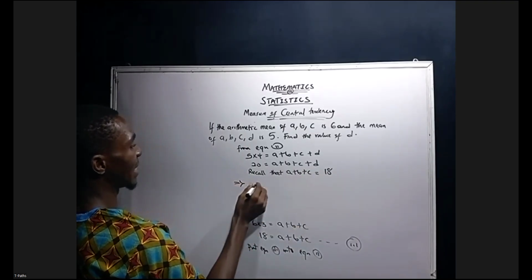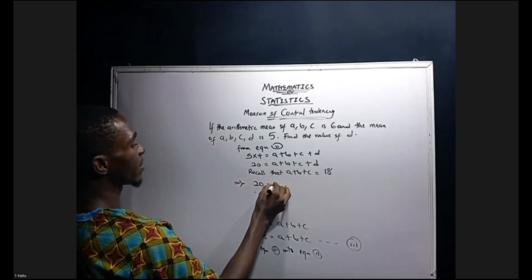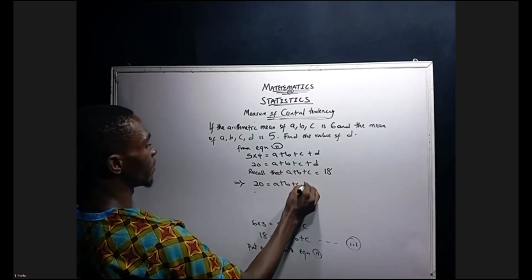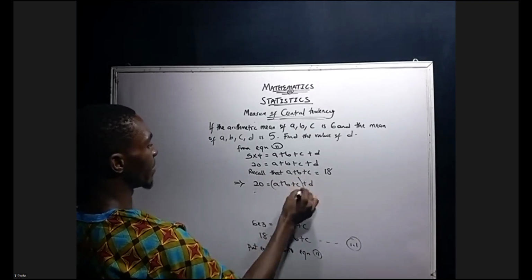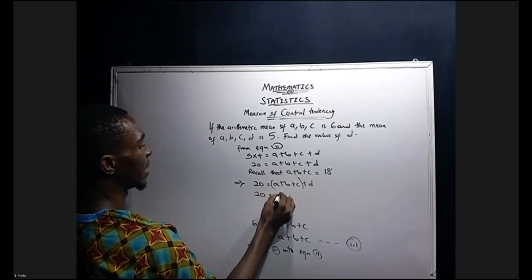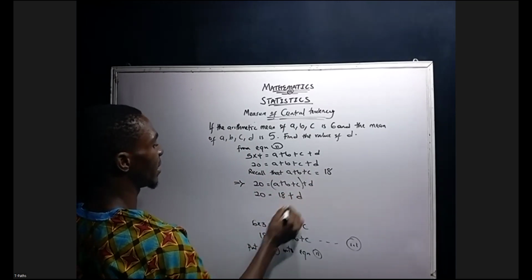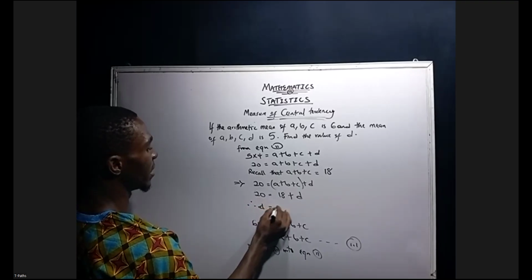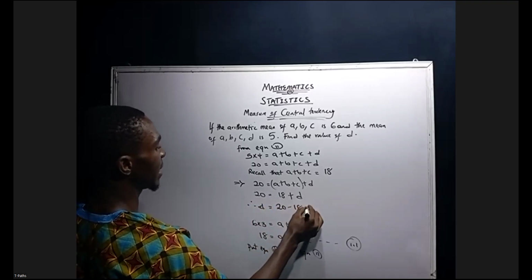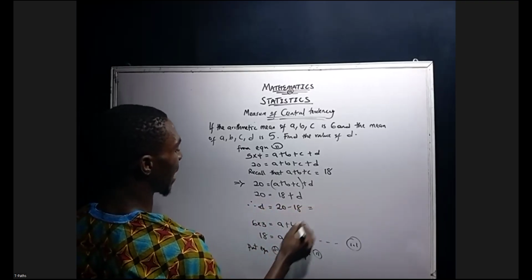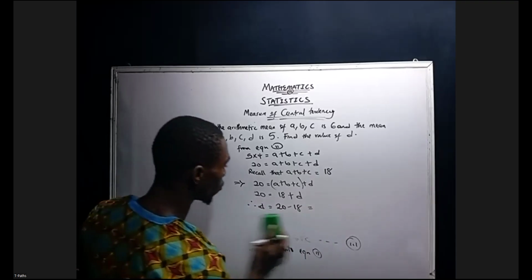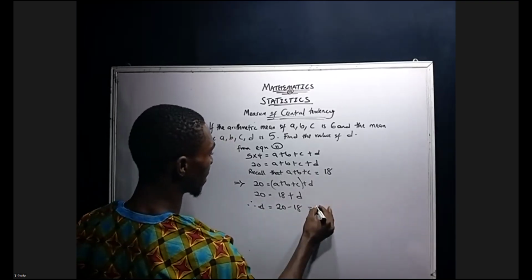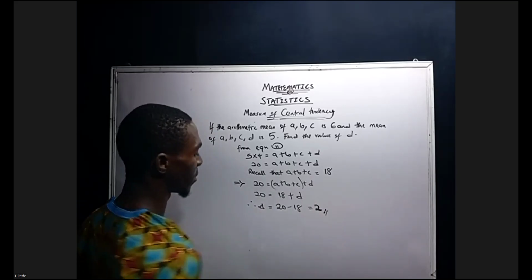This implies that 20 equals A plus B plus C plus D. Then put this in brackets, 20 equals 18 plus D. Collect like terms, D. Therefore, D equals 20 minus 18. And final answer, D is 2. So the answer is 2 for this question.